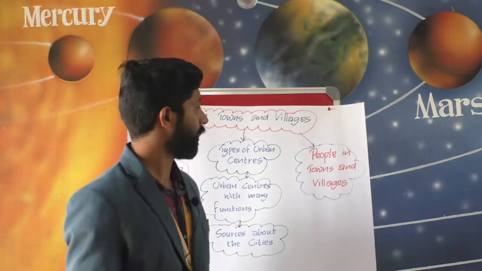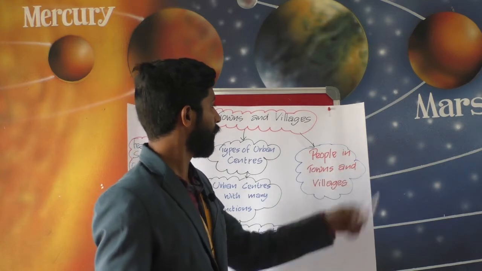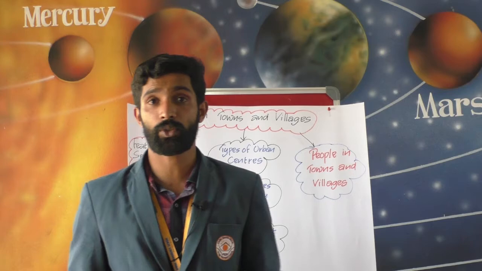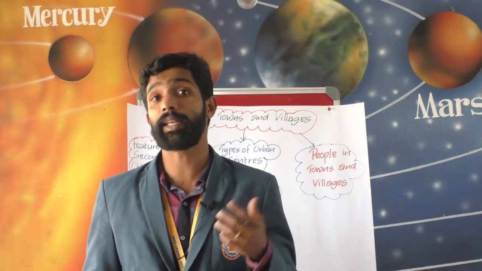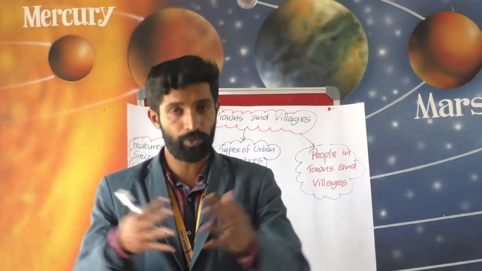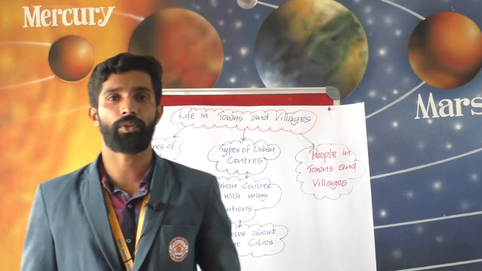And what about the people in towns and villages? At the end of this chapter we are going to discuss the people in towns and villages. There are several references to villages and towns in the Pali texts, and many of these towns seem to be situated between clusters of villages. These texts speak of three types of villages.